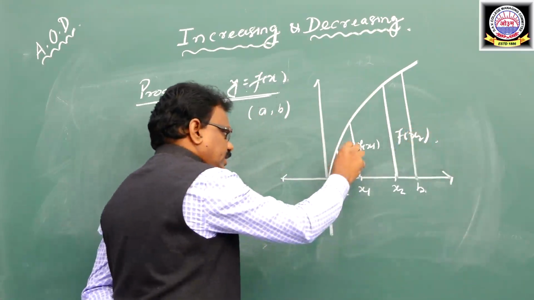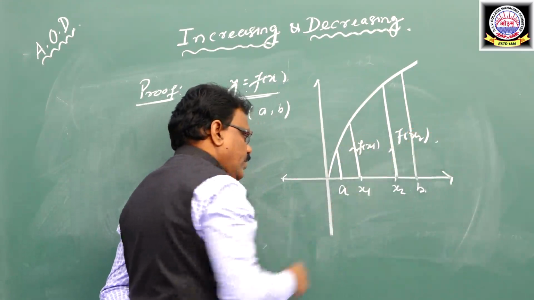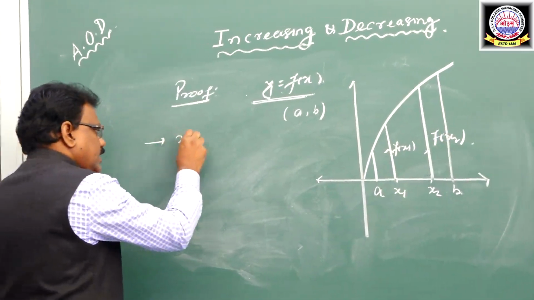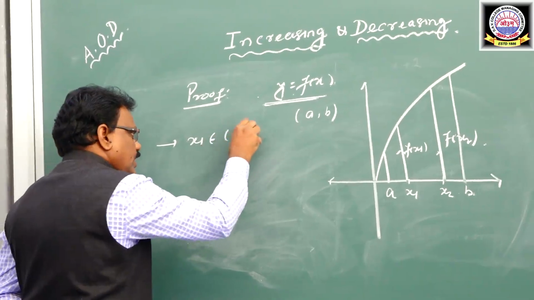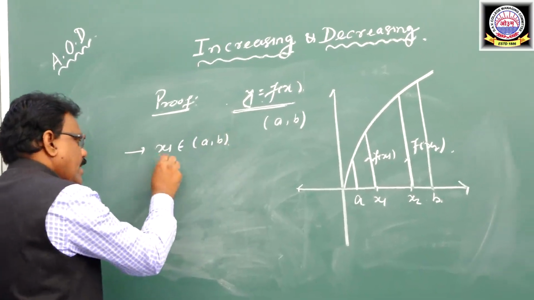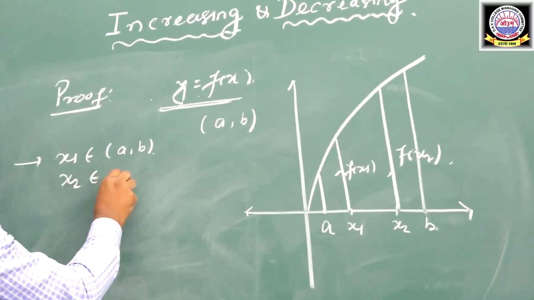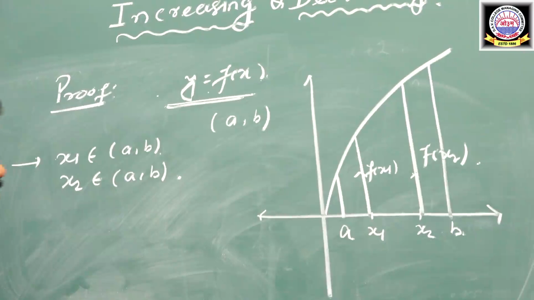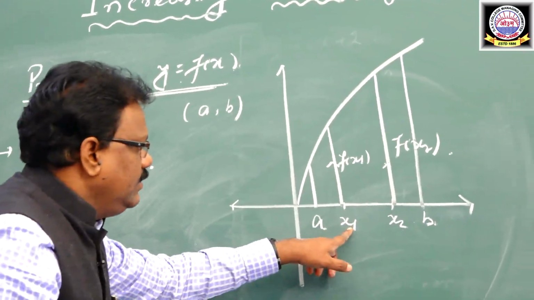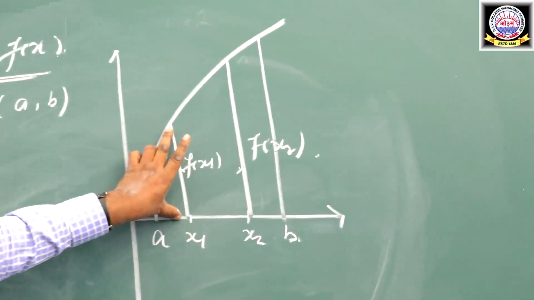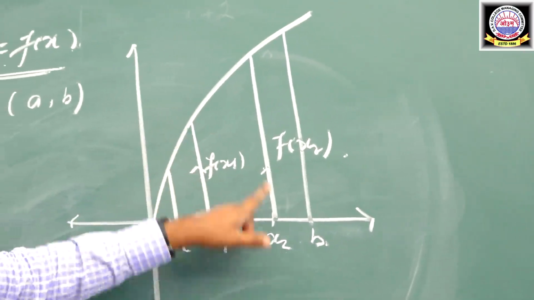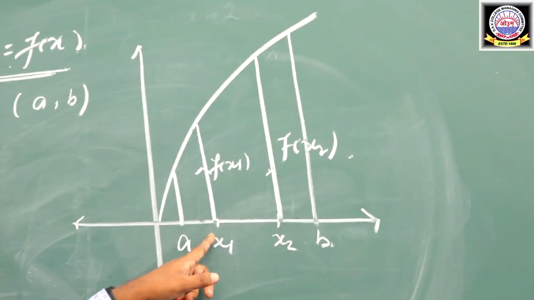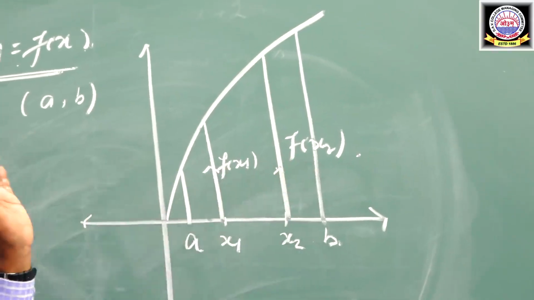So, look at this graph. What have I taken? Here I have taken x1 belongs to a comma b, and simultaneously x2 also belongs to a comma b. So my dear students, you see x1 and this is the corresponding f of x1, x2 corresponding f of x2. So now x2 greater than x1 and f of x2 greater than f of x1.